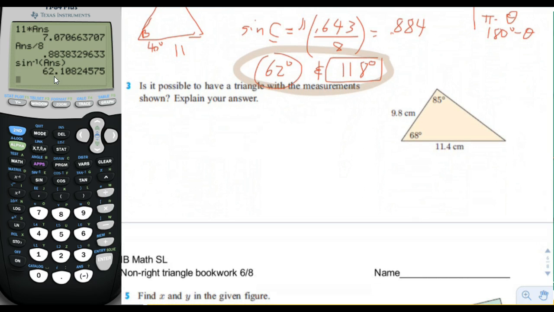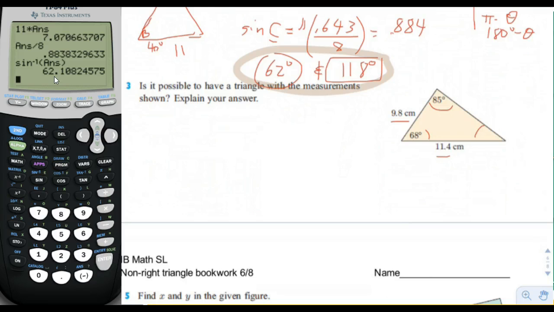Is it possible to have a triangle with the measurements shown? Explain your answer. So we have 68 degrees here, 85 degrees here, 11.4 here, 9.8 here. Can we use the law of sines to get a valid angle for here? Actually, we do know the angle for here, because the sum of the three angles of a triangle add up to 180.